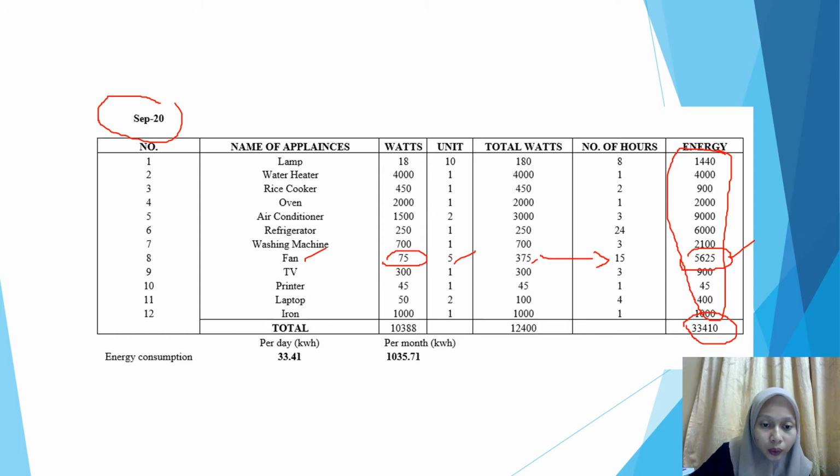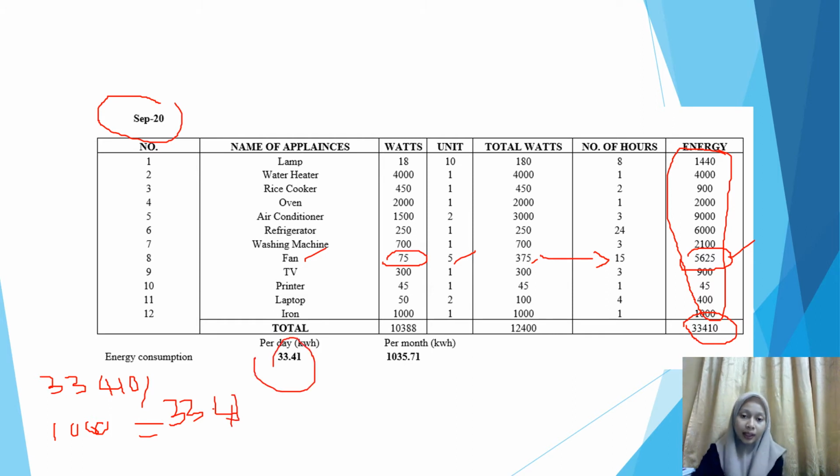So the total kilowatt hour per day is 33,410 divided by 1000, and we get 13.341 kilowatt hour. So in September they have 31 days.